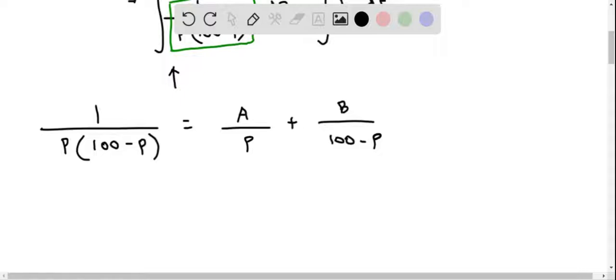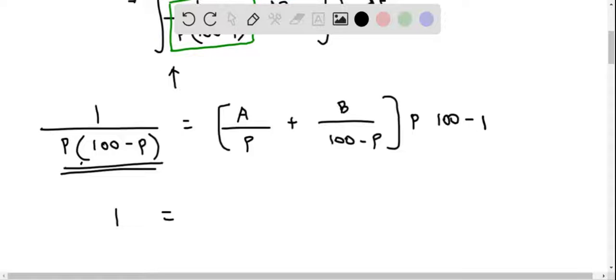Let's multiply both sides by this expression. When we do that, on the left side we'll be left with 1, and on the right side we multiply by P times (100 minus P). When we multiply, these two get cancelled with these two, and that's why we got 1.